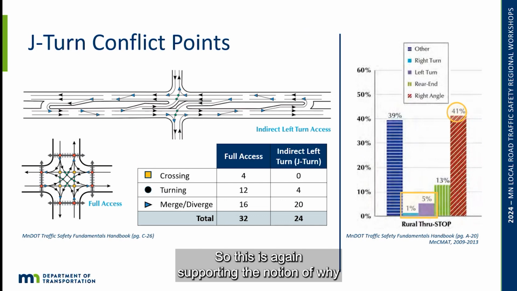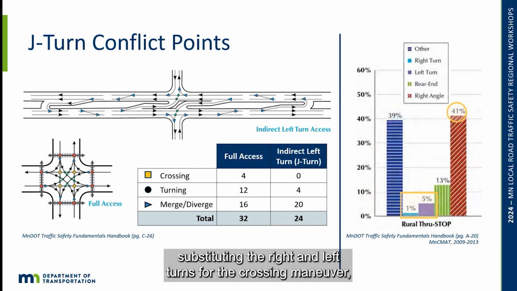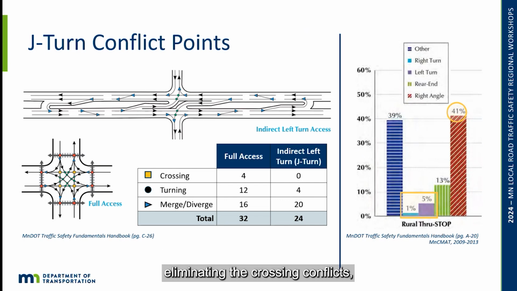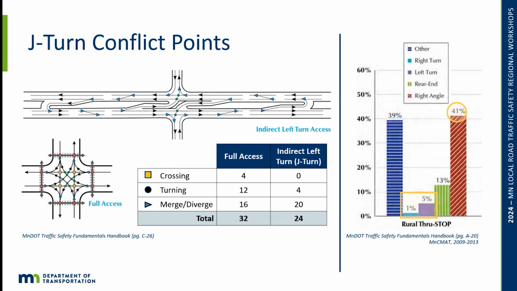So this is again supporting the notion of why Maryland came up with this idea of restricting the median, substituting the right and left turns for the crossing maneuver, eliminating the crossing conflicts, and then substituting merging and diverging conflicts.